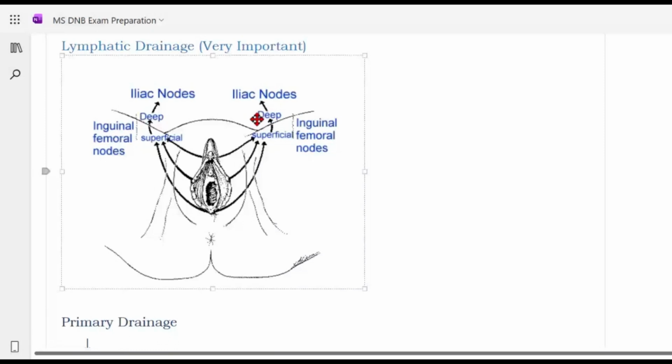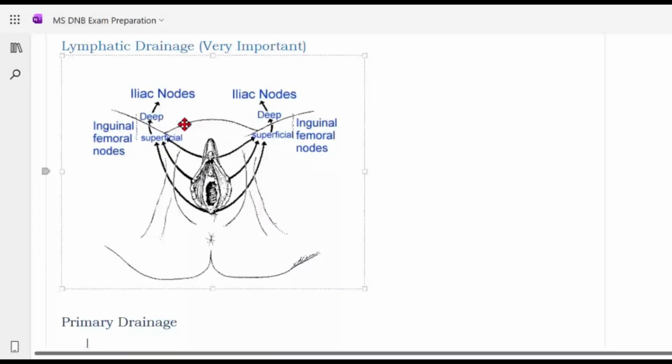Okay, and then it goes to the iliac node, and one of the peculiarities is the midline 2 centimeter area, 2 centimeter in the middle, 2 centimeter lateral to this particular midline. So that drains bilaterally. So when you are doing the lymph node dissection, and if your lesion is in the midline, then you have to assess both sides' lymph nodes, groin dissection you have to do.